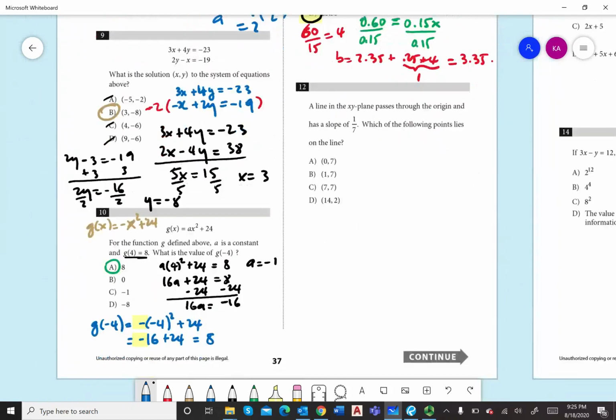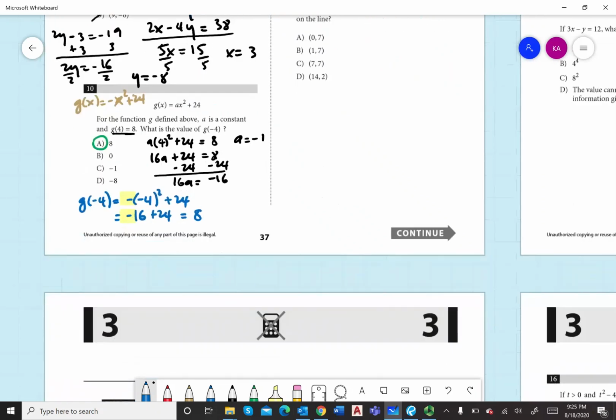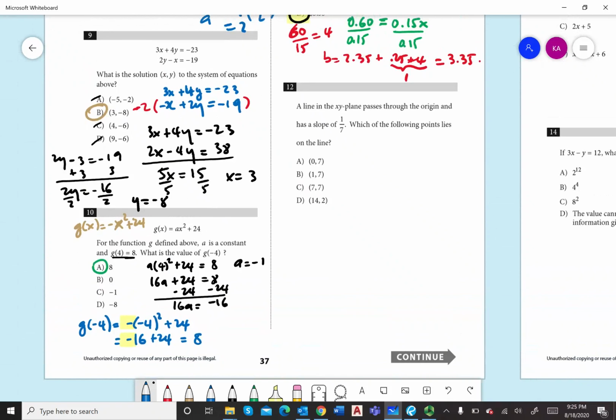Question number 12 says, a line in the xy-plane passes through the origin and has a slope of 1/7. There's one important thing that a lot of kids that I work with don't know how to do, and I want to make sure that you understand this concept.